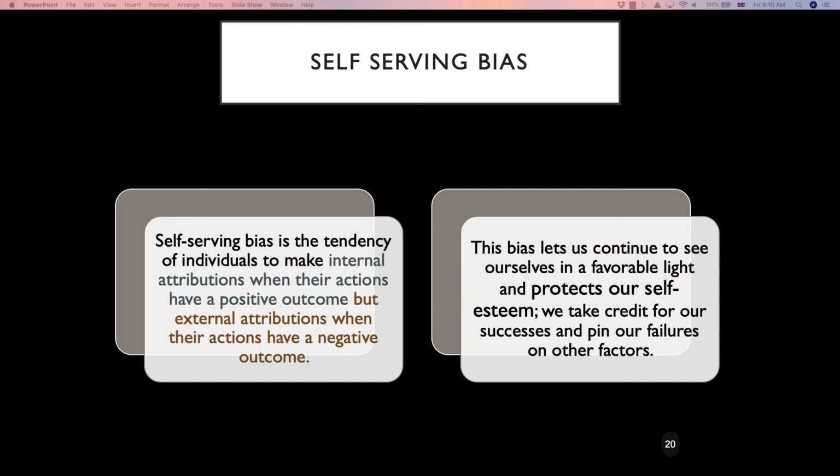If we get promoted, if you get that job, it's because of you, and that makes us feel good. If you fail a subject, that's because of the instructor. It's protecting our self-esteem. And this is what we call the self-serving bias.